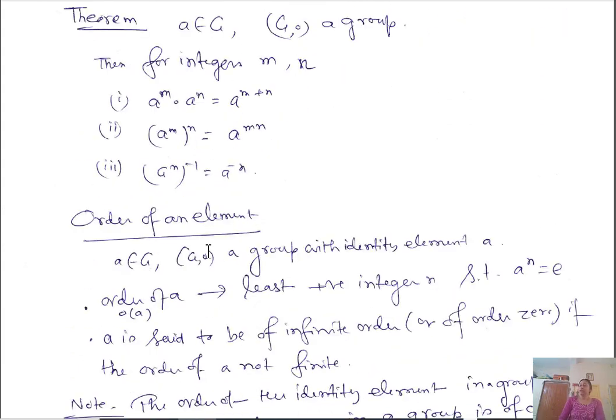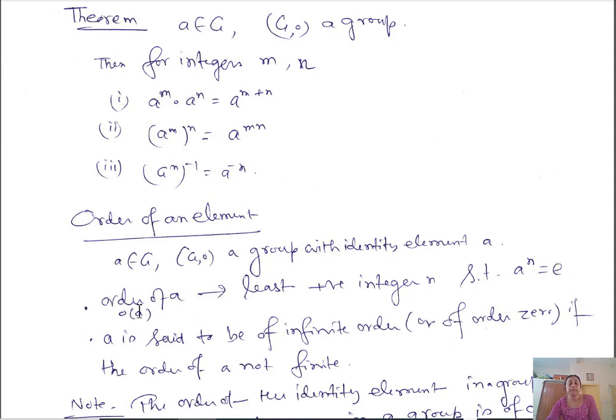Now, order of an element, I was saying what is the order of an element. Already while discussing Zn star, I have defined this order notation, primitive roots. Same concept here also. So take a particular element A of a group G for binary composition O, and this group is having identity element E. Now, order of A is the least positive integer n such that A to the power n is E. We denote the order of A by this notation.